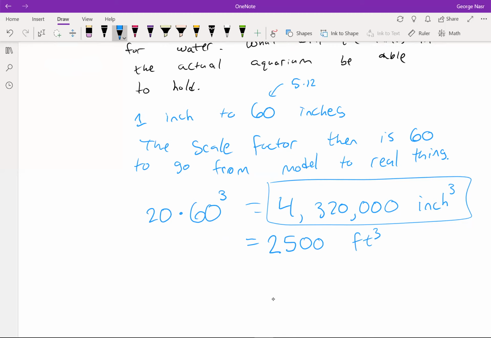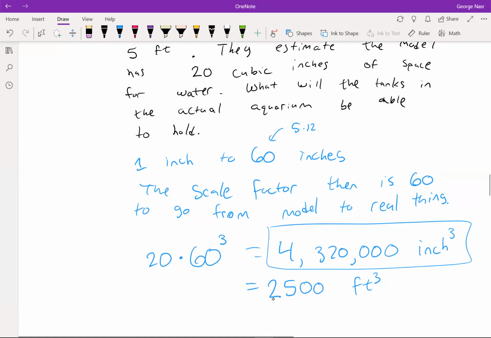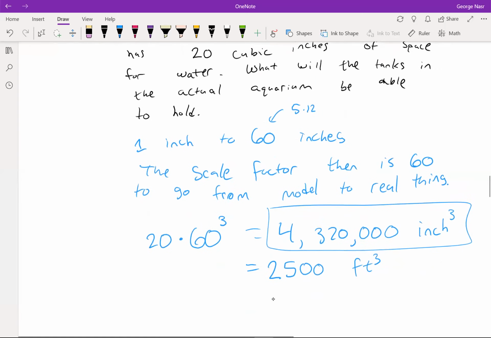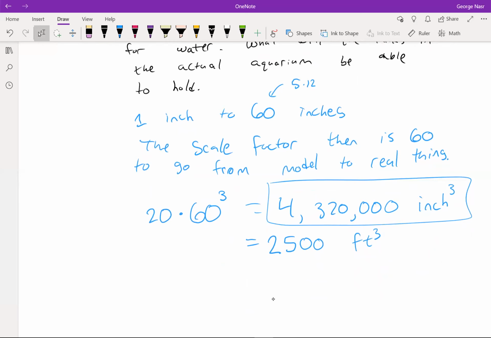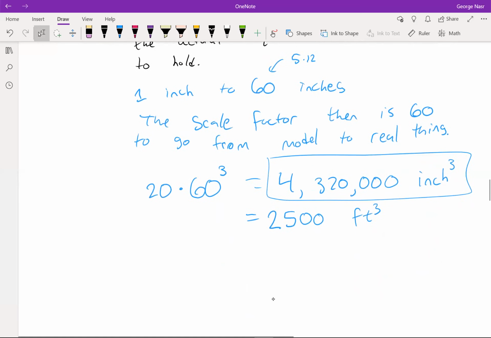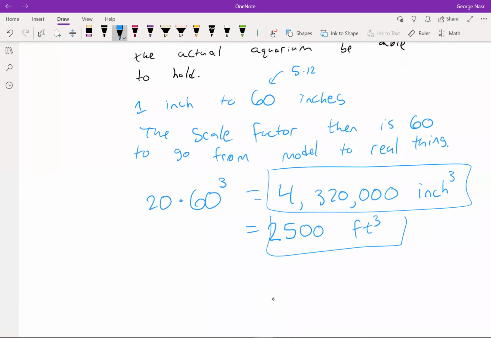The way I got this number is by dividing this number here by 12 cubed, because I'm converting cubic inches to cubic feet. So either of these answers here are acceptable.